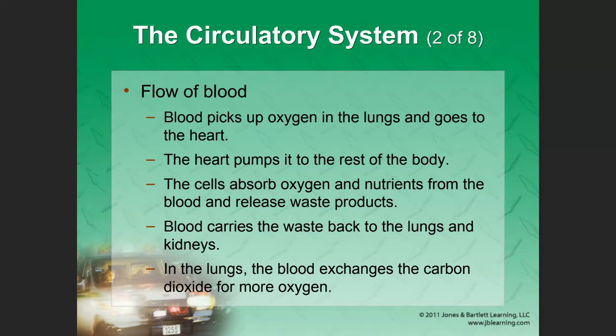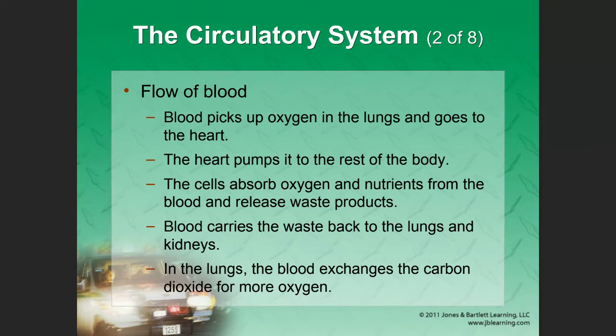So this is pretty straightforward. It's a lot more complicated than this, but we're not going to get too complicated at this level. What is important to note is that the only place the blood can pick up oxygen from is the lungs. And once the blood is oxygenated, it is pumped by the heart to the rest of the body.